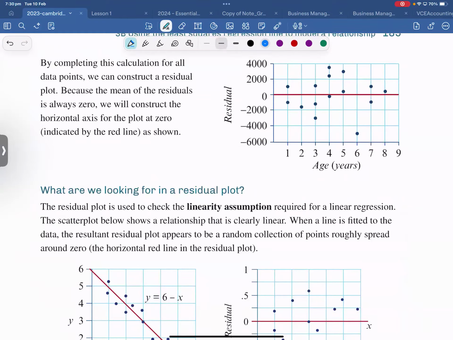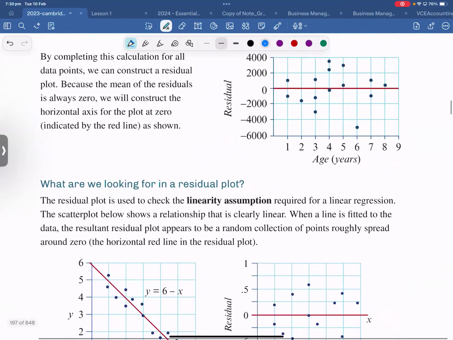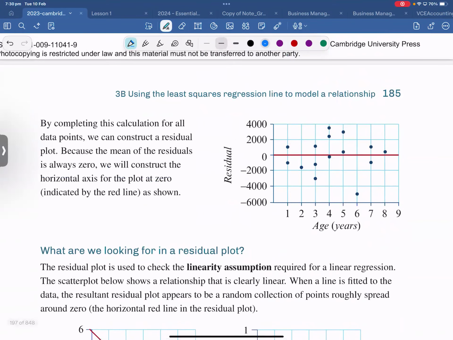Okay, now there is another story relating to this one. We call it the linearity assumption. Linearity assumption is basically when we, okay, now remember we calculated the residual.